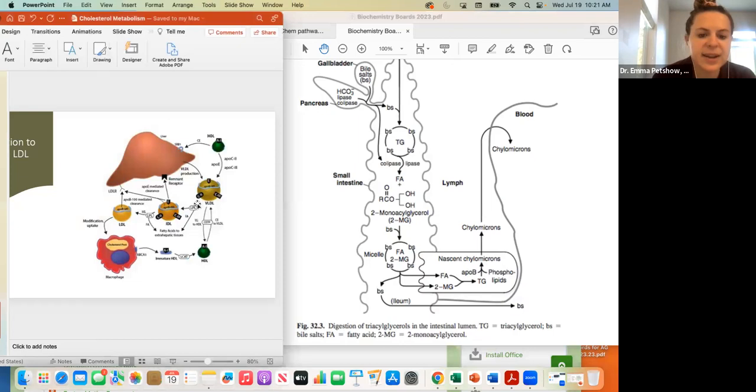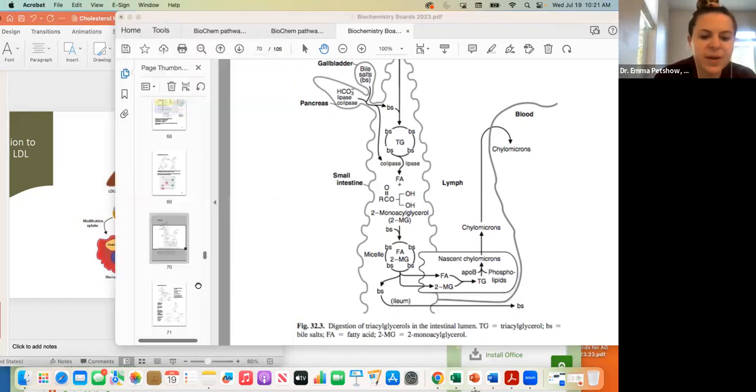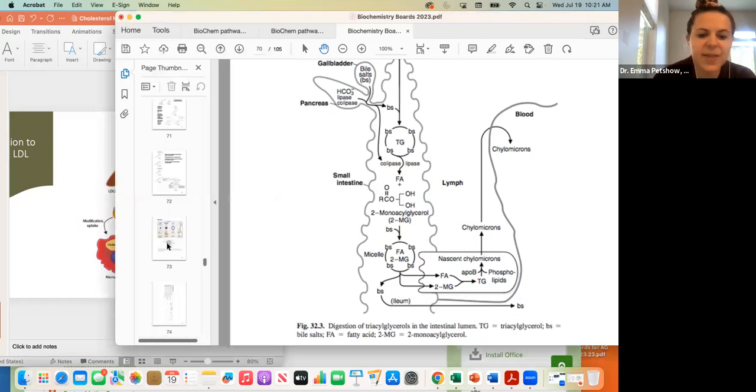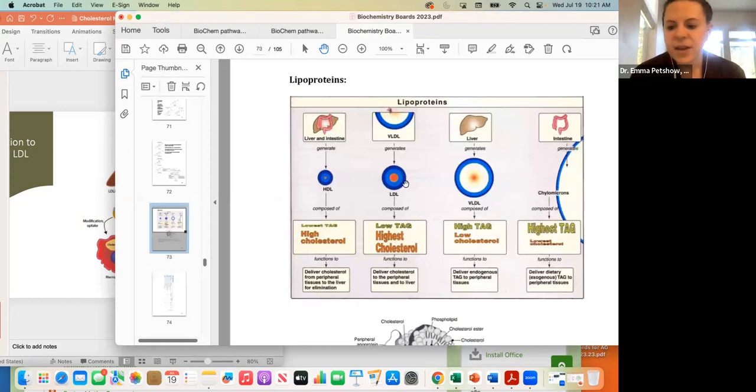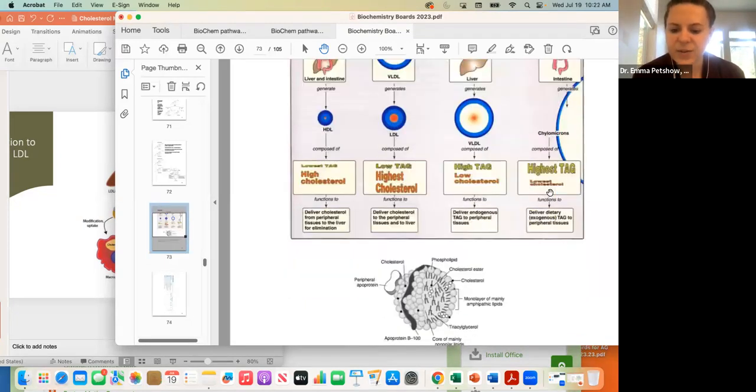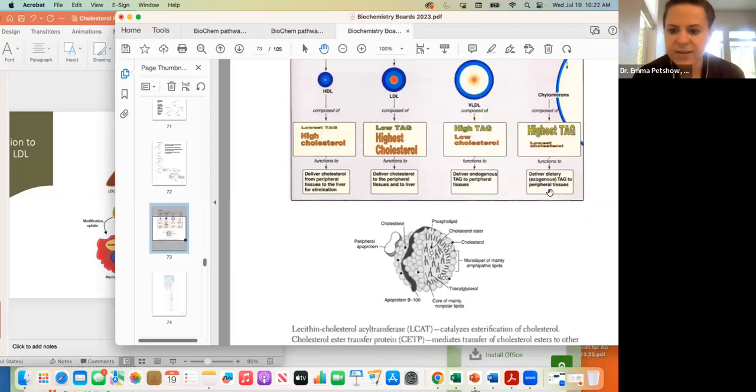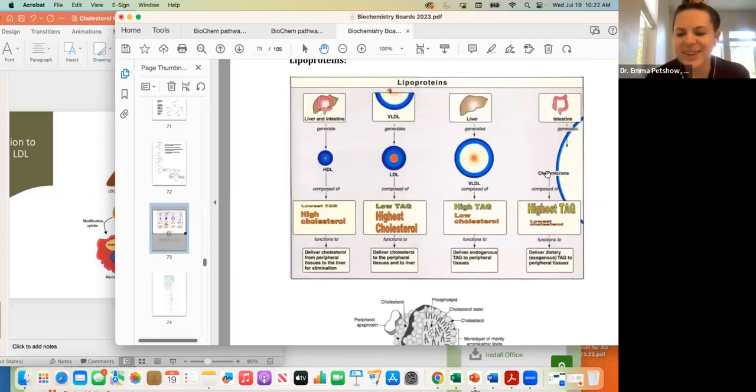Okay, this kind of scary picture over here oftentimes confuses people. So I'm going to start actually with this picture here on page 73. So we started with a chylomicron all the way over on the right-hand side. So this is our chylomicron. It's composed of the highest amount of TAG, triacylglycerols, right?